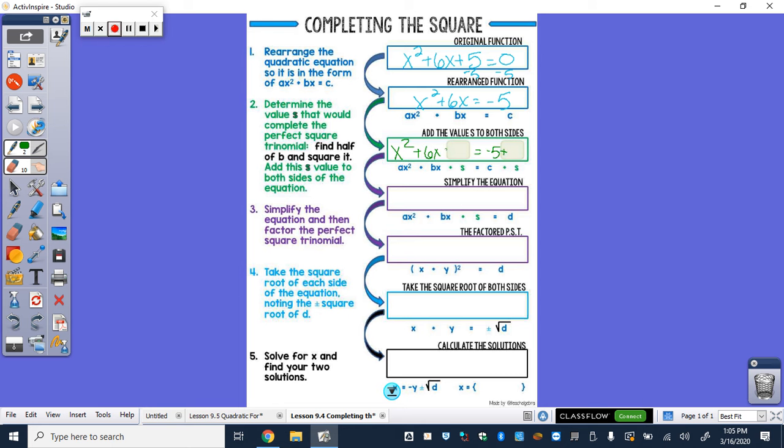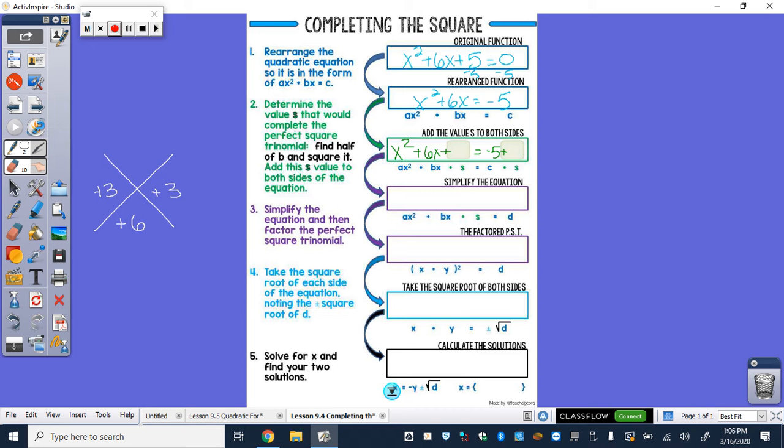So we got to figure out our number that goes into the space. So that is where we would use our x. We know our b value. We're trying to figure out what c value we need to make it the special kind of trinomial, which was our perfect square trinomial. So we divide this in half. We get +3 and +3.